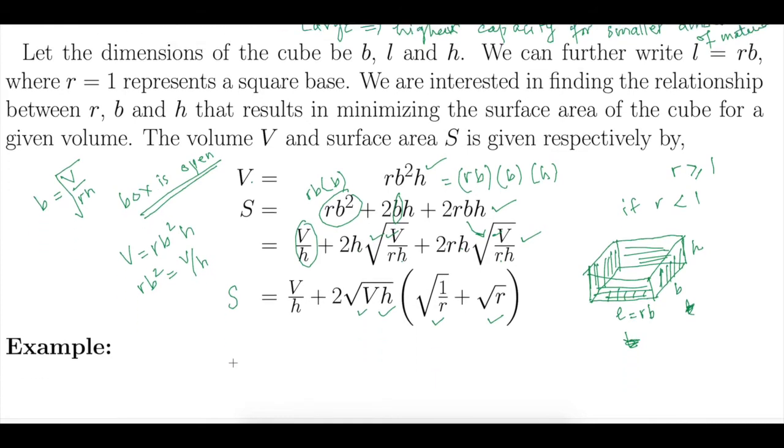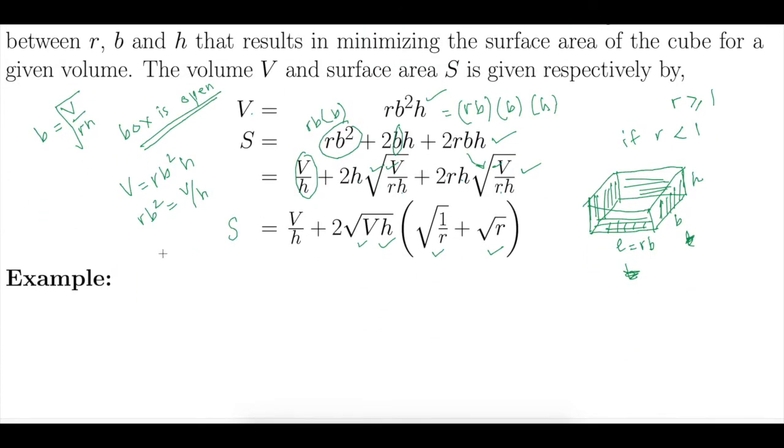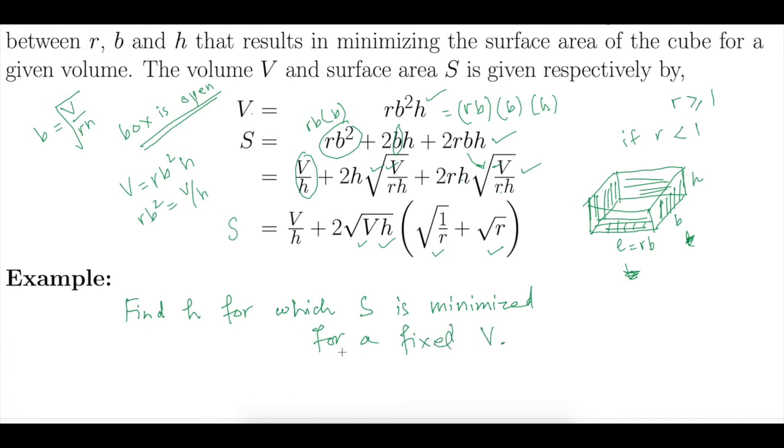Okay. So our intention is to find H for which S is minimized for a fixed V. So what do we do?